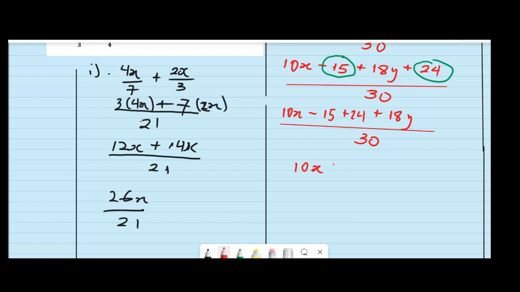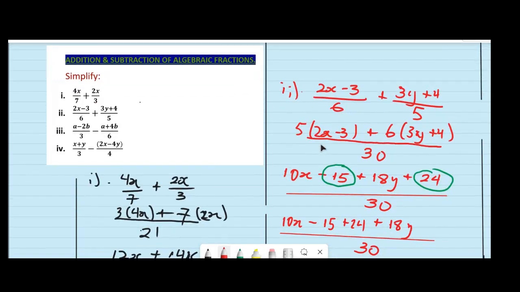So we have plus 9 and then plus 18y and all over 30. So that's going to be the final answer. In fact, we cannot simplify this again. So we just have to leave it here. That is it. So we are done with the second one.